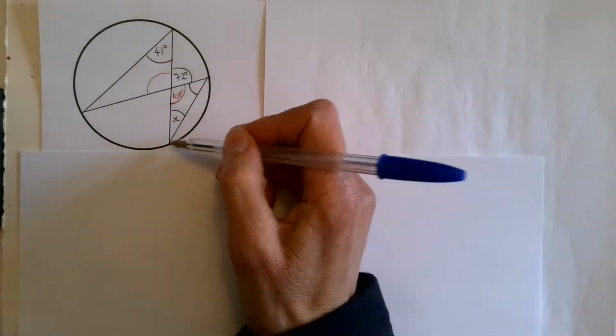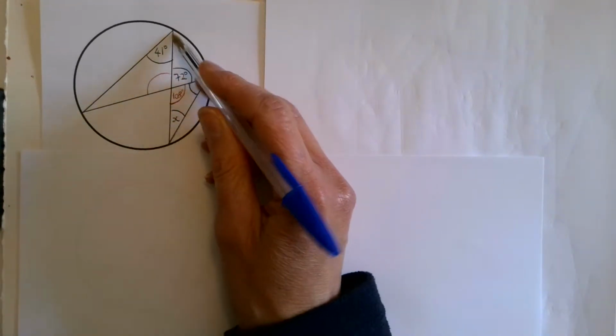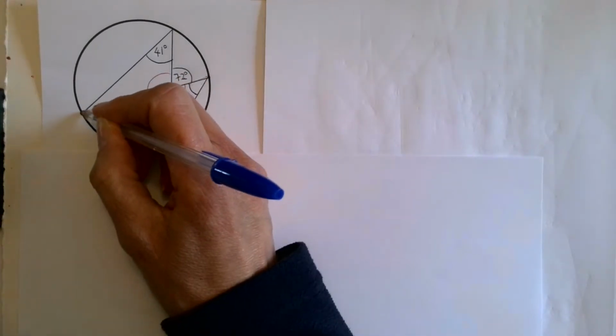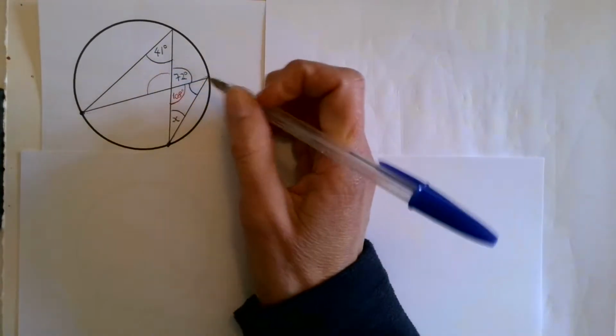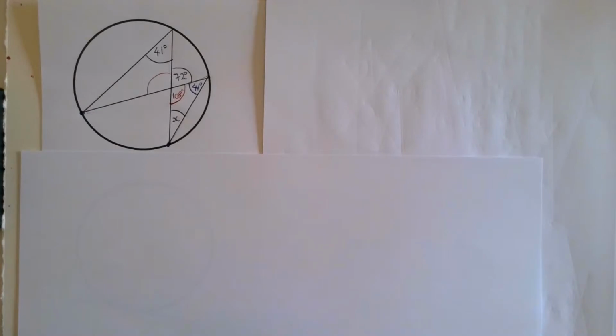So this angle here is going to be the same as this angle here, because both of these lie on this arc over here. If we look at those two points, then this angle, 41, must be the same as this angle over here. And then the problem simply becomes, what is the third angle in a triangle?